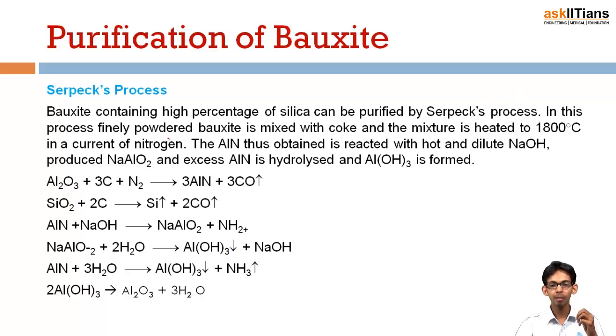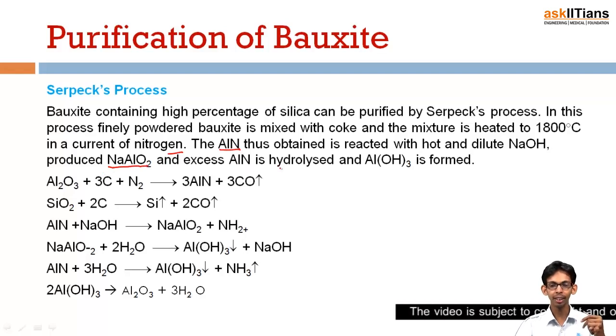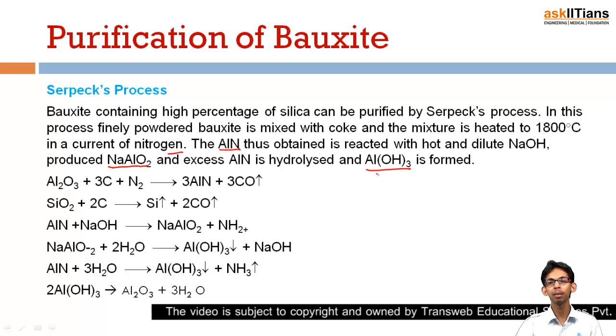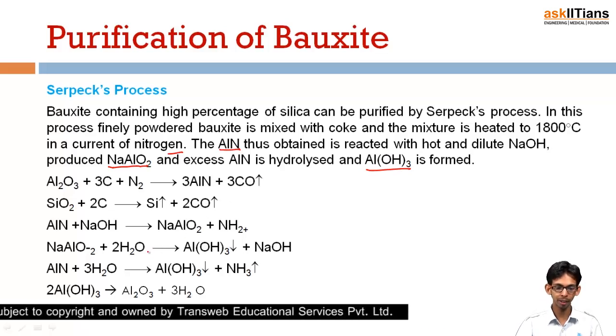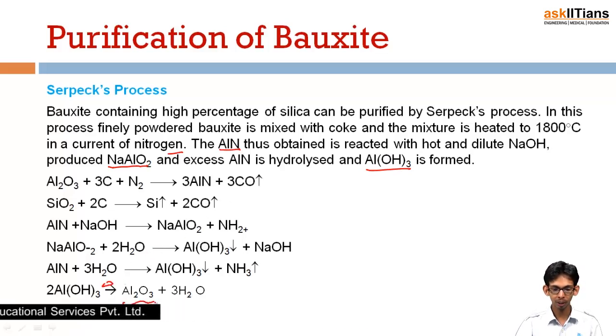In this process, powdered bauxite is mixed with coke and the mixture is heated to 1800 degrees Celsius in the presence of nitrogen, and then the aluminium nitride (AlN) thus obtained is reacted with hot and dilute NaOH to produce sodium aluminium oxide, and excess of AlN is hydrolyzed and aluminium hydroxide is formed, and then aluminium hydroxide is heated to get back our bauxite. It is a similar type of reaction which we studied in the previous process also.